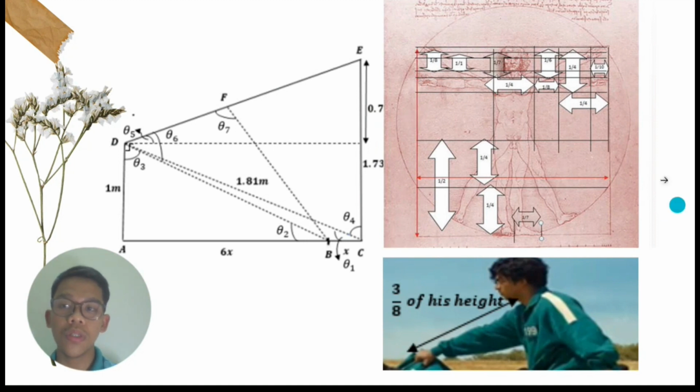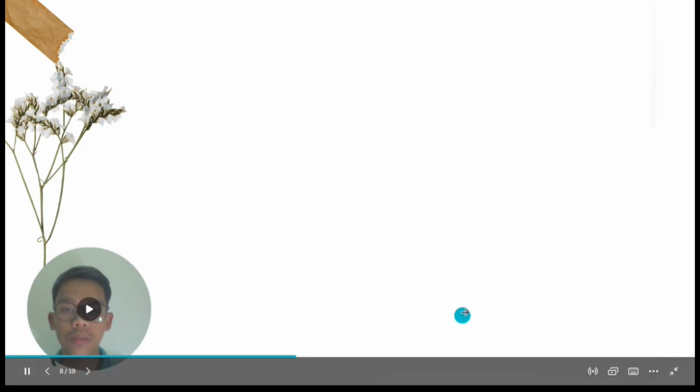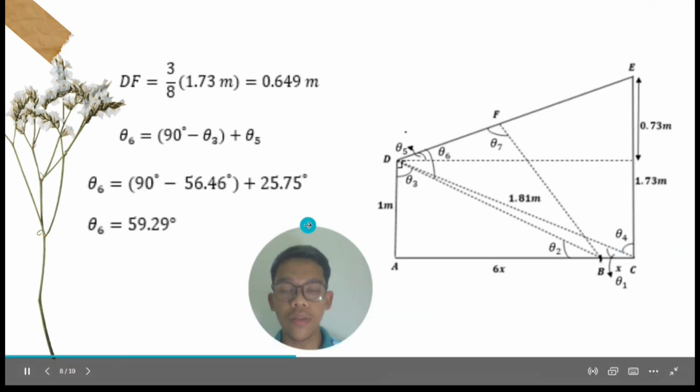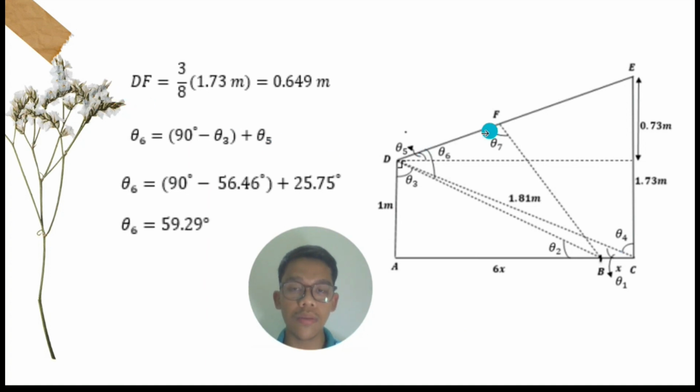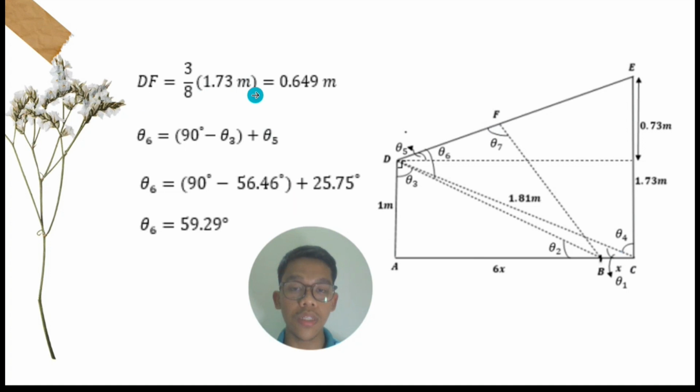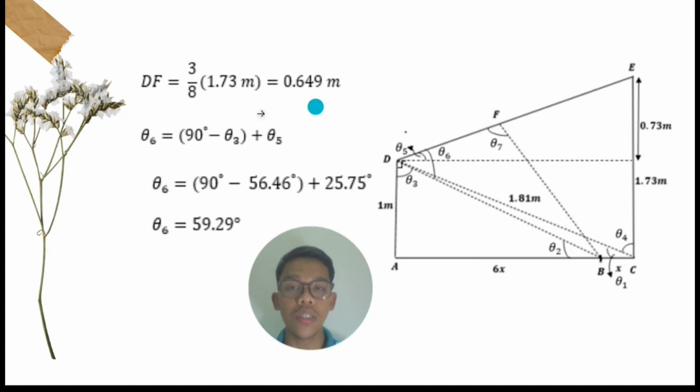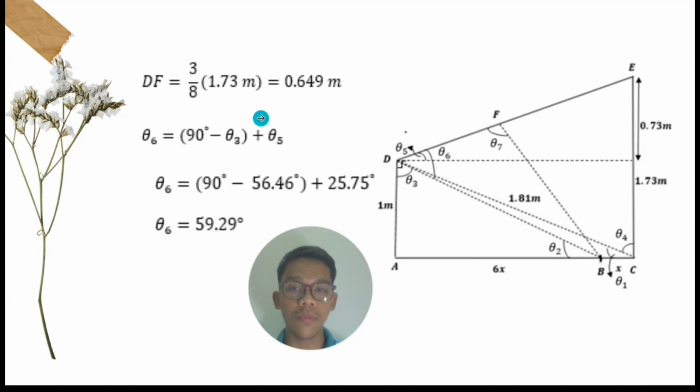The famous proportions were written underneath the illustration shown in the figure. Based on the figure, we can conclude that Ali's arm ratio is 3 over 8. So right now, it's easy to find the value of DF, which is Ali's arm: 3 over 8 times 1.73 meters, which is Ali's height, is equal to 0.649 meter.